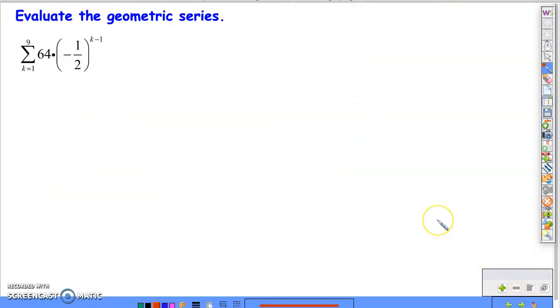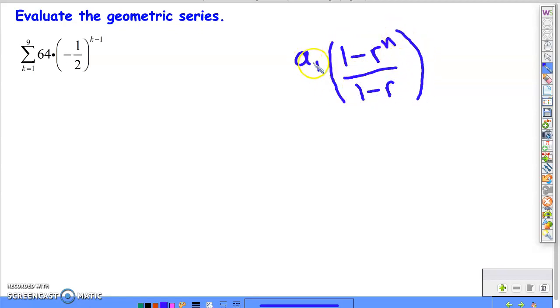All right, now we're going to start evaluating these geometric series. So this one, it's not infinite, it only goes up to 9. So when we evaluate this, we're going to use our partial geometric sum formula, which is A1, and then that is going to be 1 minus r to the n over 1 minus r. So our A1, we're starting with 64 here, if we plug in 1.